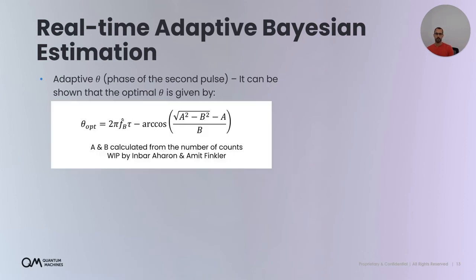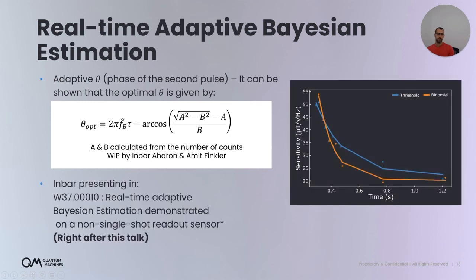You have here the estimated frequency that you estimate in real time, and then you have some argument which depends on the number of counts. This is actually currently being done by the group of Amit Finkler. The student working on that is presenting right after this talk in a parallel session. So if you're interested, you can go and check that out or view the lecture later. And this is showing some nice results. So this is the first thing that we can do.